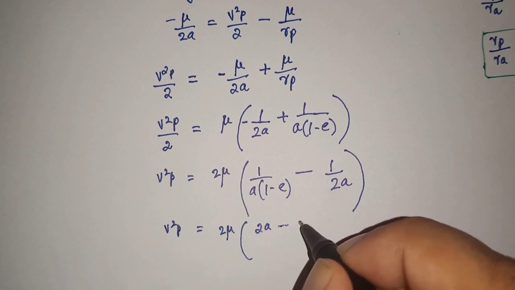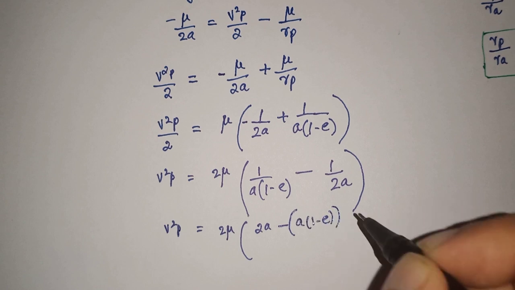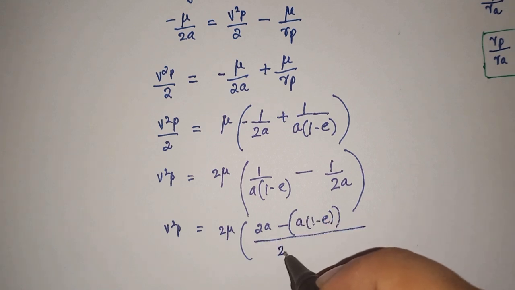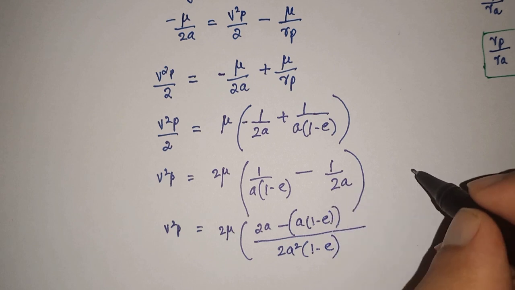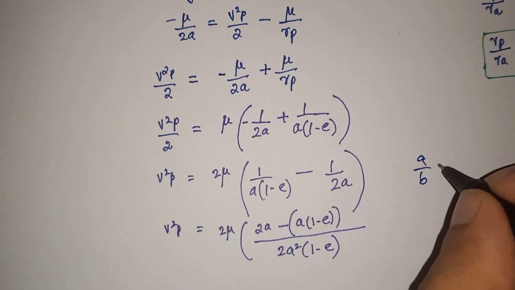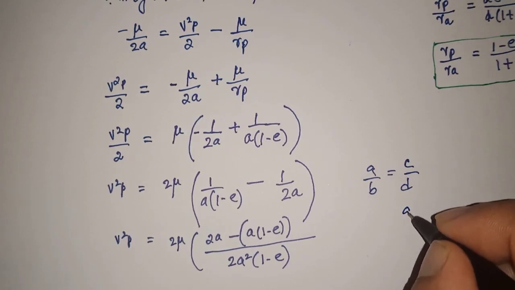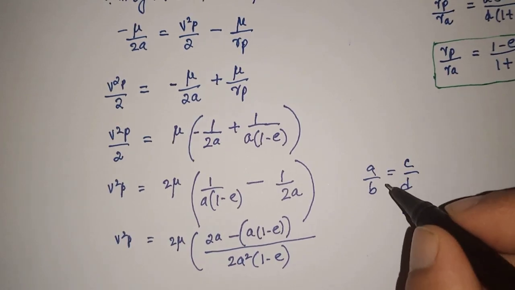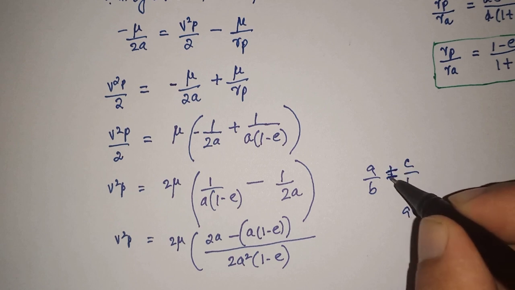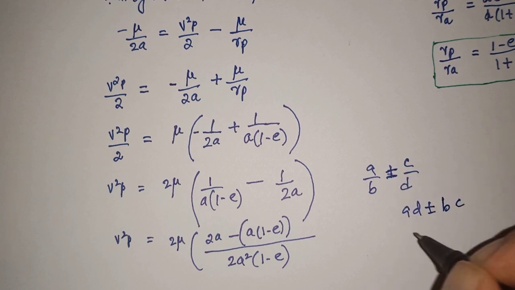2a minus a, I put everything in bracket, a into 1 minus e divided by 2a square into 1 minus e, because it is basically a by b is equal to c by d. So ultimately you end up with ad, plus or minus bc divided by bd.